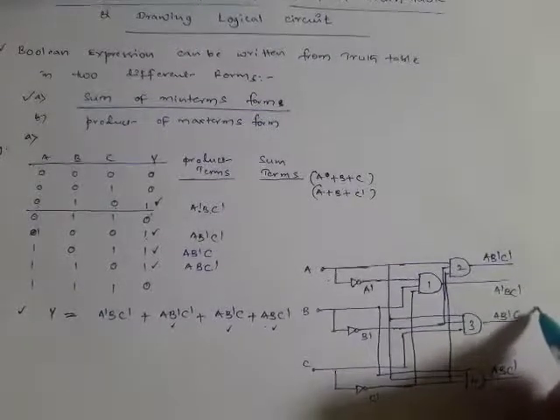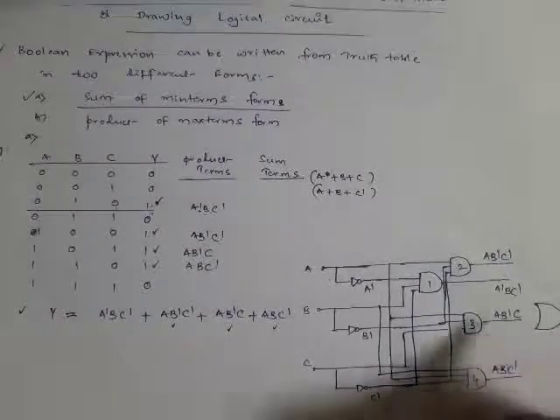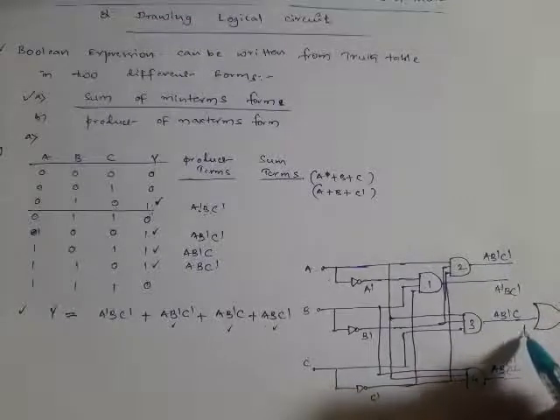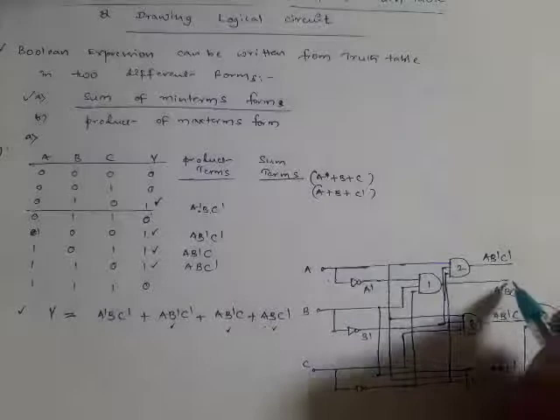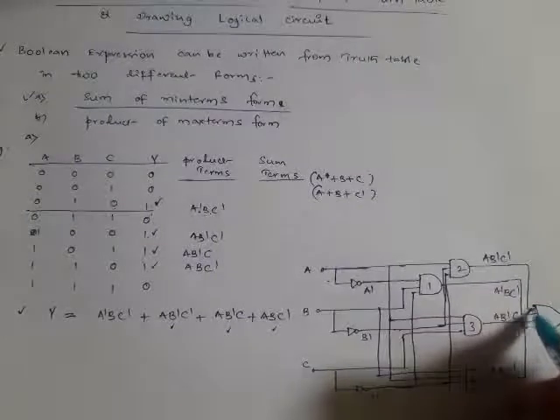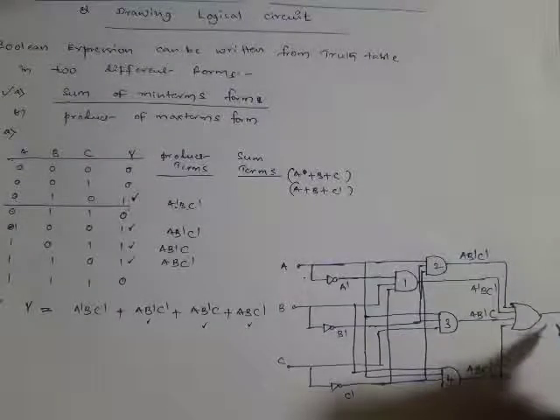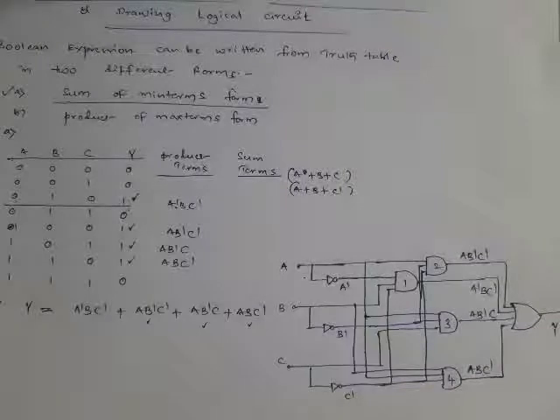We will use an OR gate, for which we give these four product terms as inputs, and the output of this OR gate will be the function Y. This is how we can draw a logical circuit for the Boolean function obtained directly from the truth table.